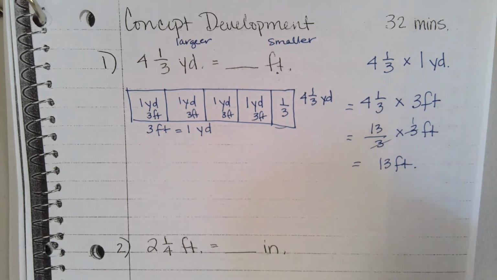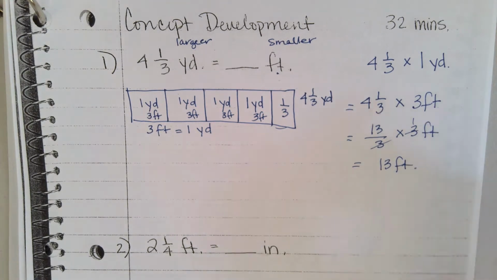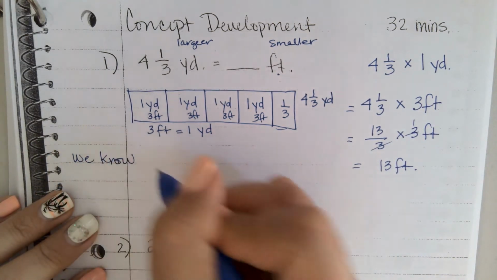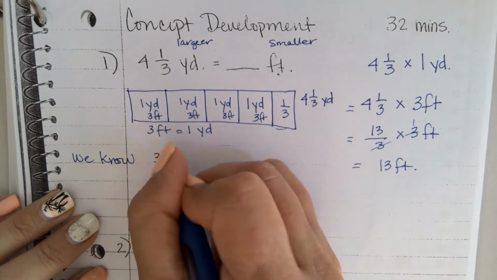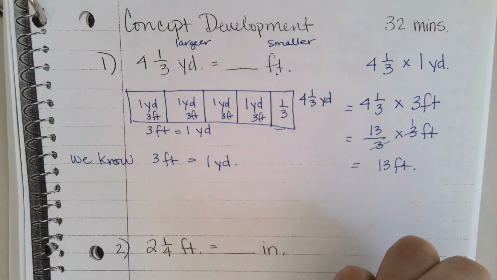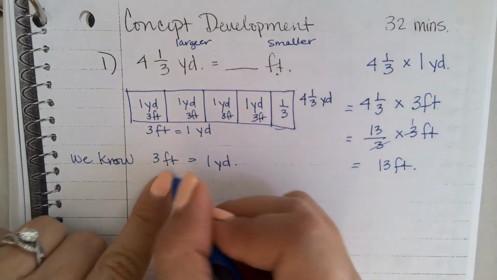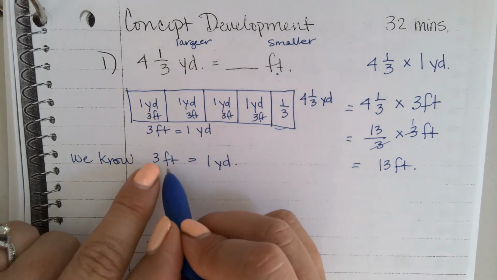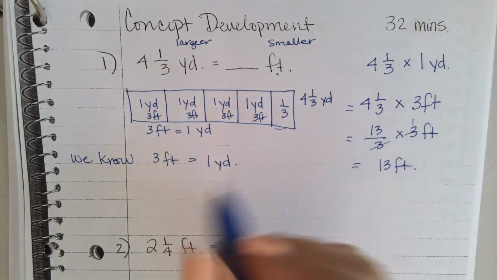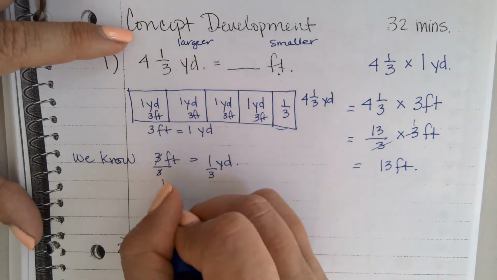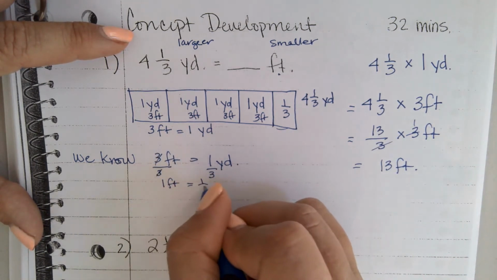Now, let's look at what we know. We know that 3 feet is equal to 1 yard, right? In our previous lesson, we were converting from a smaller unit to a larger unit, and when we did that, we were dividing, creating 1 foot is equal to 1/3 of a yard.